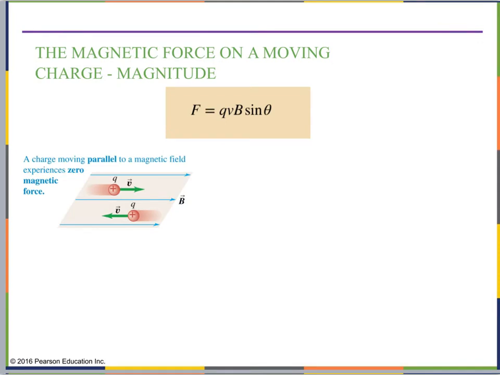Using this expression for the magnitude of the force on a moving charge in a magnetic field, we find that if the angle between the magnetic field, again, remember this is the angle between the velocity and the magnetic field.